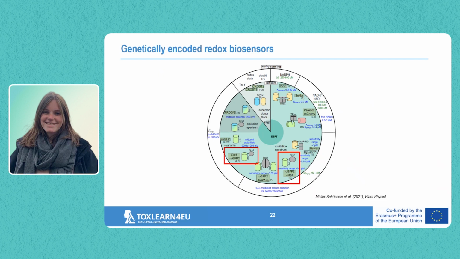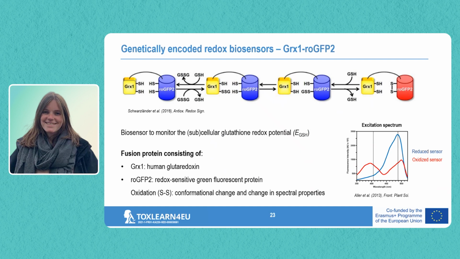And this one here is coupled to something else that I will show you here, which is a human glutaredoxin. So this sensor we call GRX1-RoGFP2. It also responds to hydrogen peroxide, but not directly. It actually responds to changes in the redox potential of glutathione. So remember, glutathione is an important antioxidant.